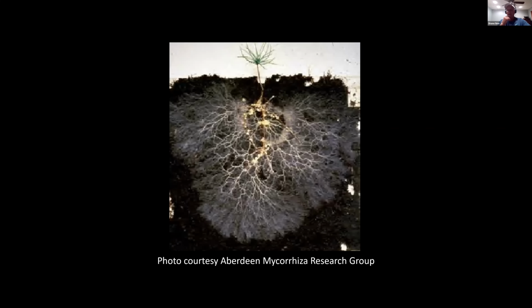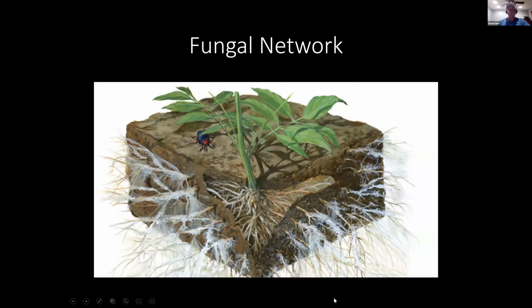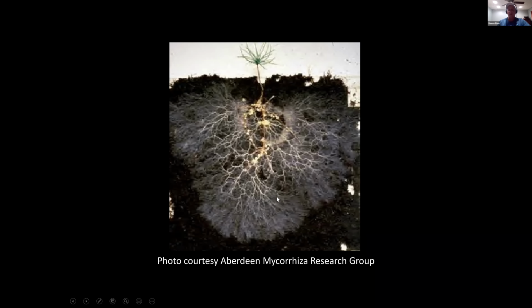This is a pine seedling, and it's showing the rooting system of the pine root itself, the plant, but it's also emphasizing the mycorrhizal relationship this plant has. So look at how many, 10 times more soil volume the biology is helping that pine seedling capture nutrients.